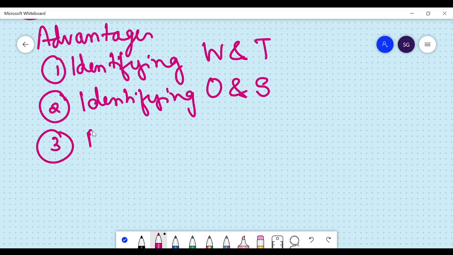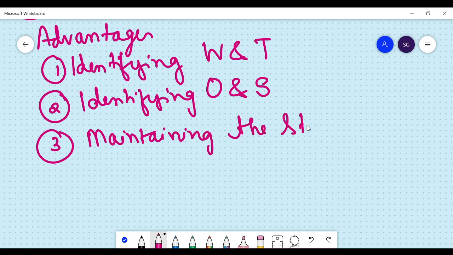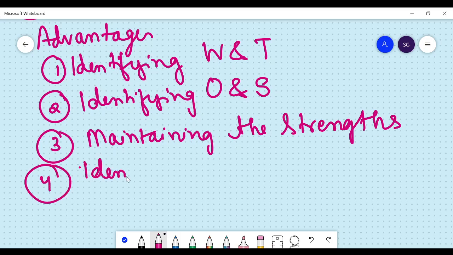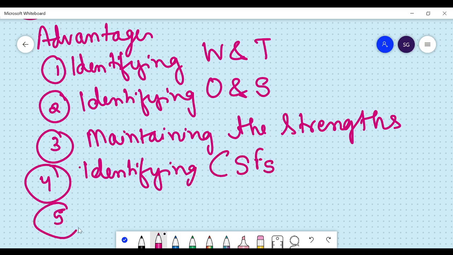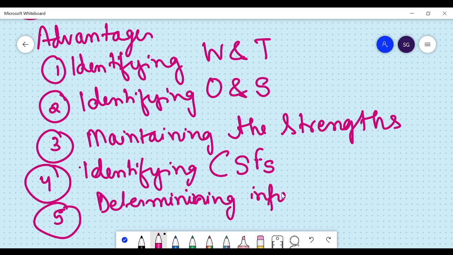Third point is maintaining the strengths that we had identified. Fourth is identifying the critical success factors. Next is determining information needs.